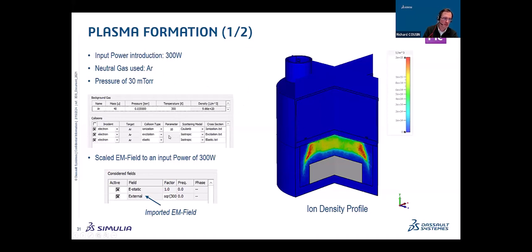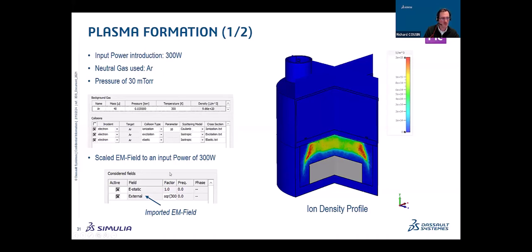So as you've seen also for the CCP reactor, you have here the argon neutral gas, which is introduced with all the information about the cross sections that you can enter. This corresponds to the same plots that you've seen previously. And then here we can scale directly the electromagnetic field to an input power of 300 watts.